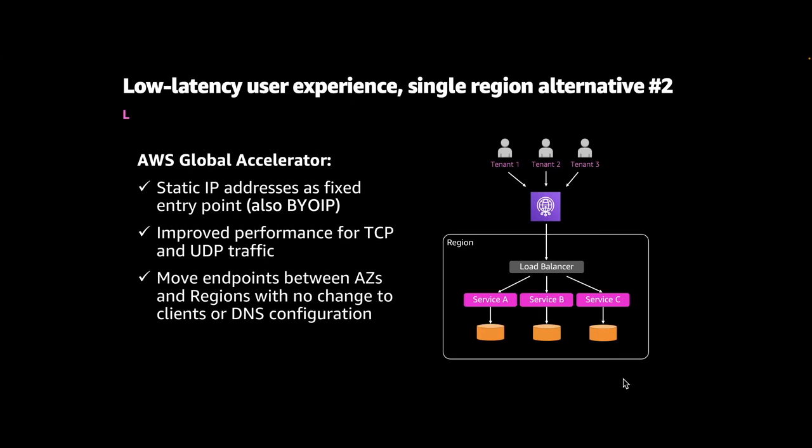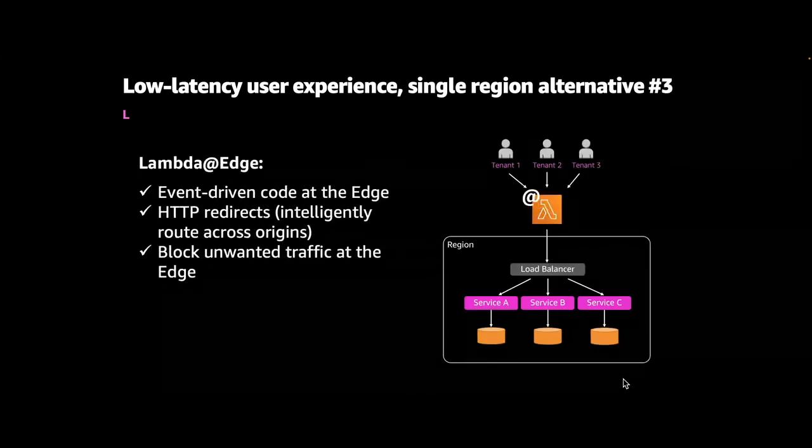Sometimes they are referred to as bring your own IP. The point is that they improve performance for TCP and UDP traffic. So this is a solution when you are dealing with these sort of applications, and you need to move any point between AZs and regions with no changes to client or DNS configuration. So this is an important thing.